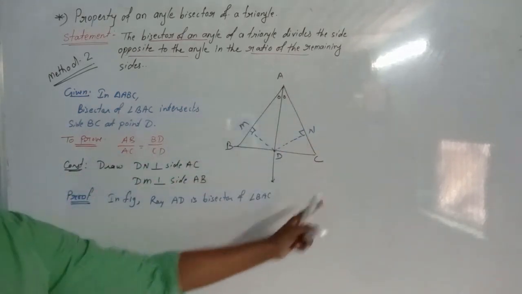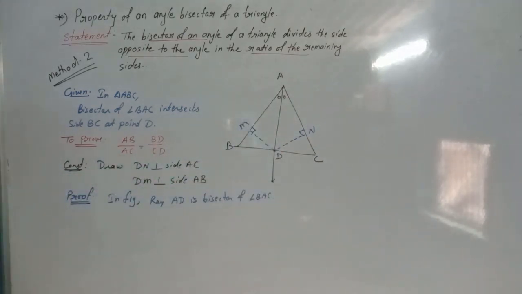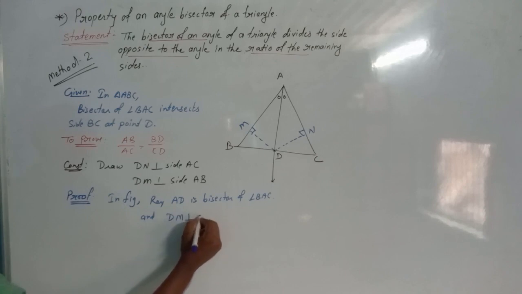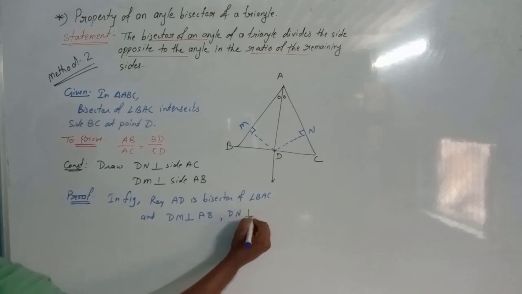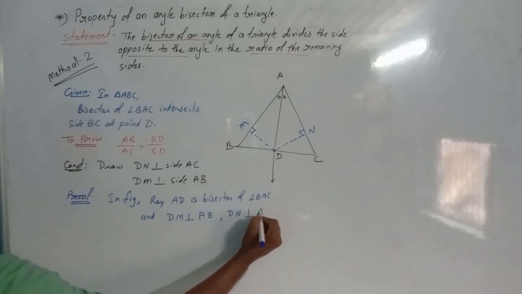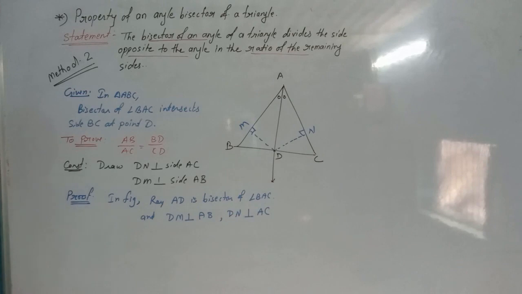Bisector angle BAC का. Okay? And DM perpendicular to AB and DN perpendicular to AC. So in 9th standard we had already studied one angle bisector theorem.